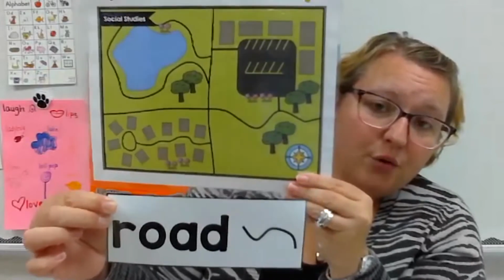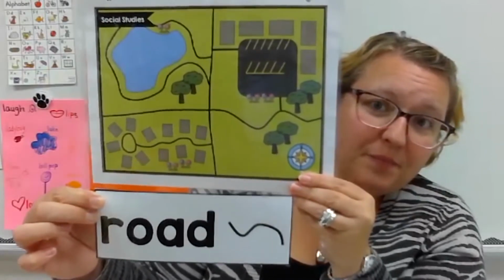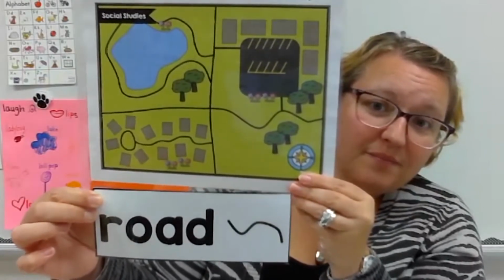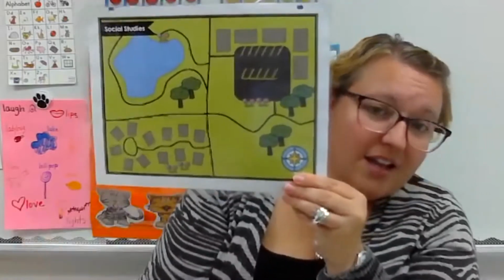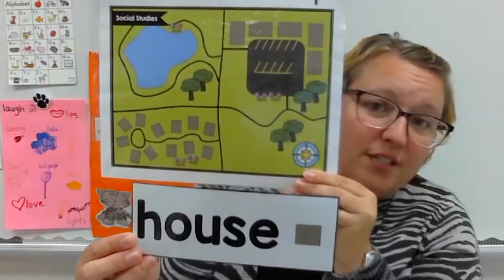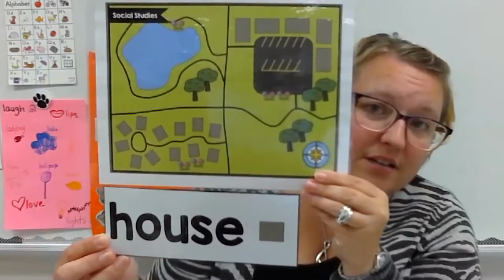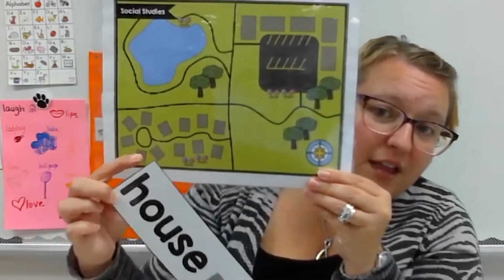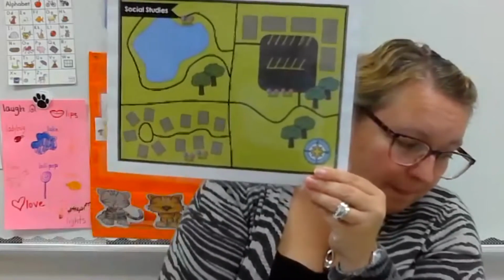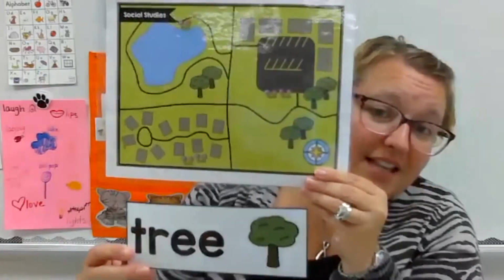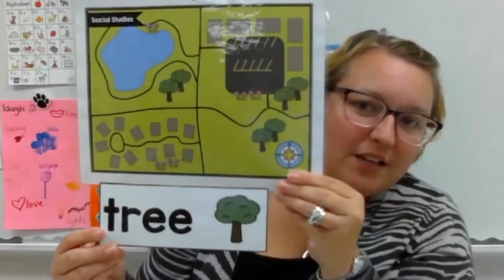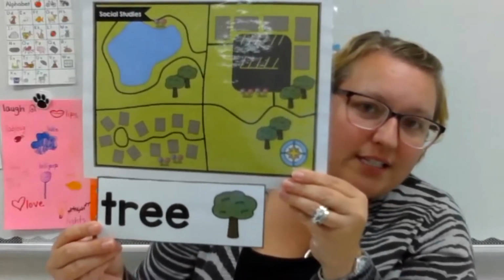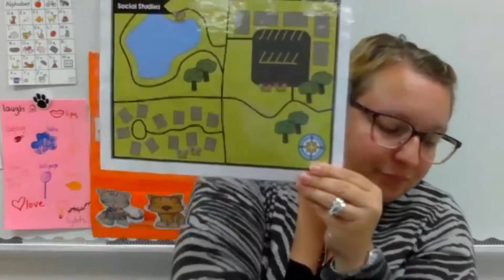Do you see the roads on our map? Good. This symbol shows a house. Here are all the houses. This is a tree. That one's pretty self-explanatory, right? We all know what a tree looks like. So you can see the trees on our map.